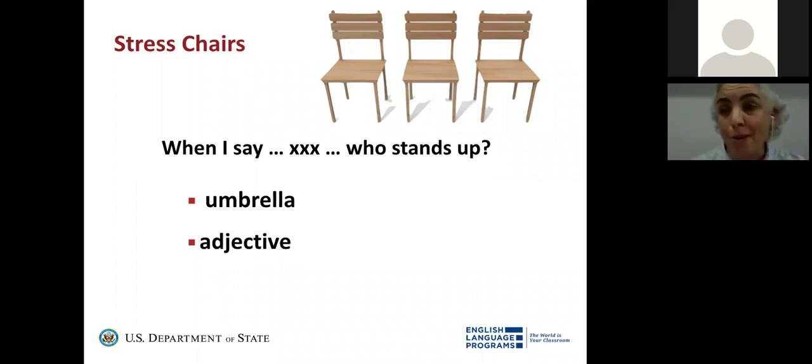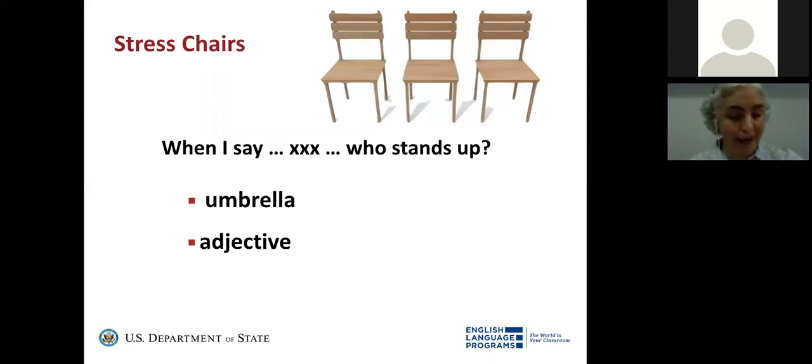It's a hard one, and I really recommend clapping it. It makes it a lot easier. We can clap it as "adjective, adjective, adjective," and the correct answer is the first one. So the person that wrote first chair is correct. The first student would stand up.